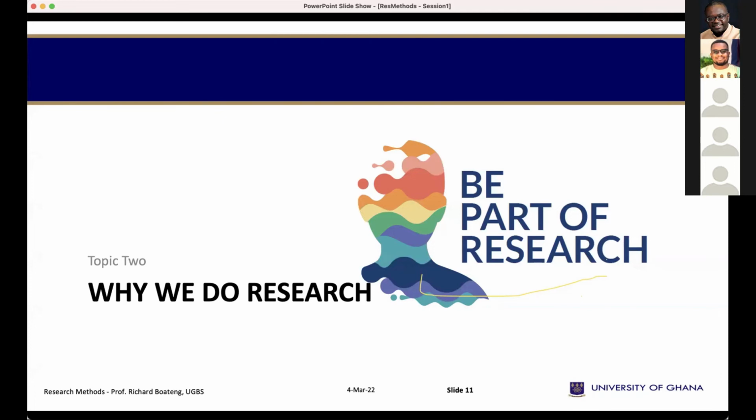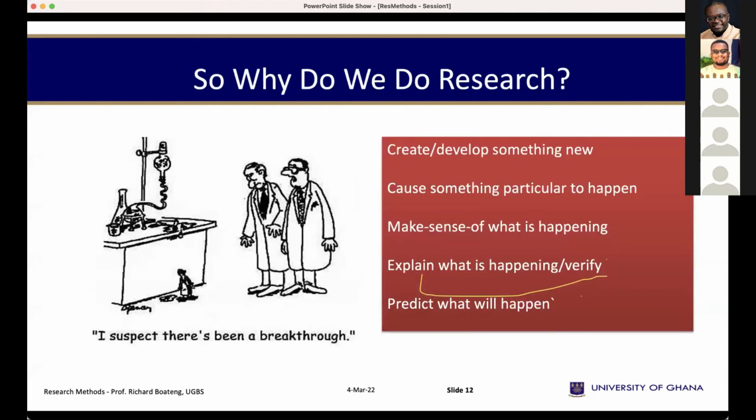Okay. So why do we do research? I don't see any other hand, so let's continue. Why do you do research? We do research for a number of reasons, and some of them include to create something new, to cause something particular to happen, to make sense of what has happened, to explain what is happening or verify it, and to predict what will happen.